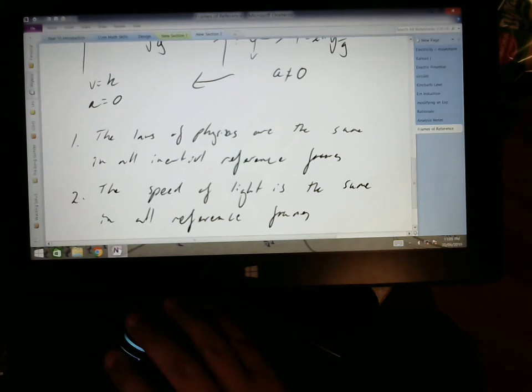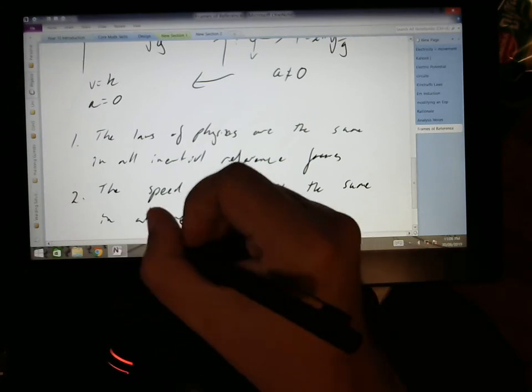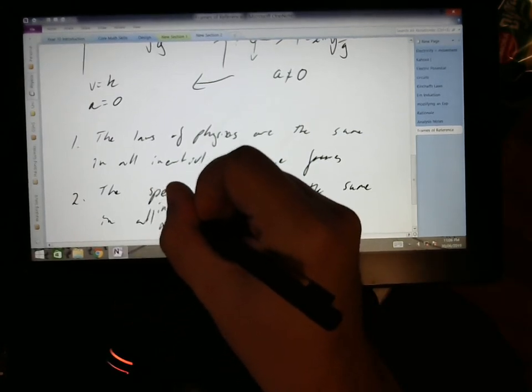Now, if we look at the difference going on here, sorry, not in all reference frames, in all inertial reference frames.